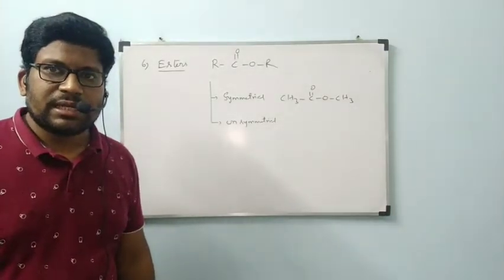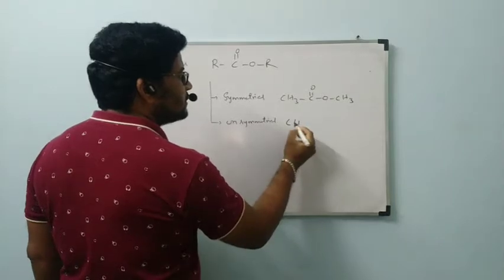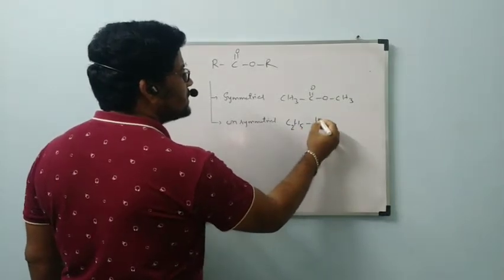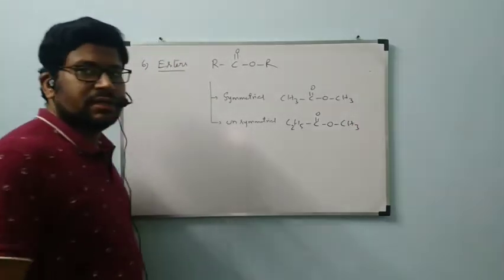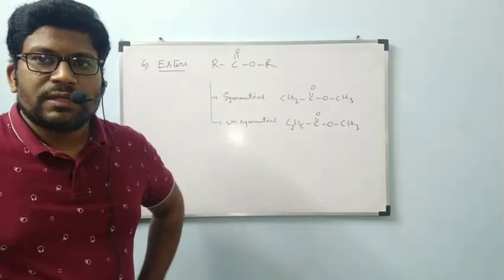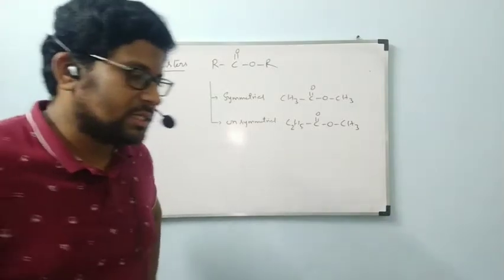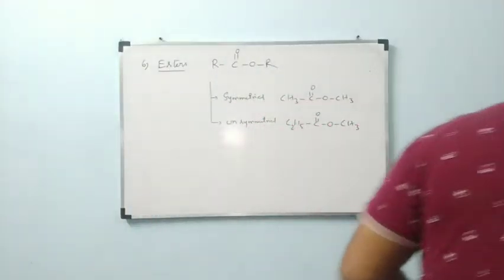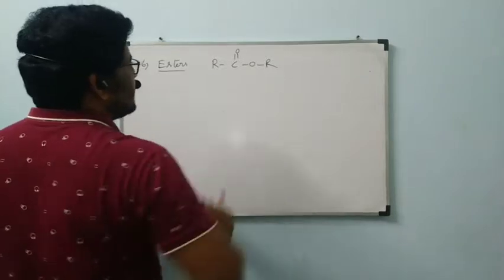That is called a symmetrical ester. C2H5 C double bond O, O CH3. This is an unsymmetrical ester. First we will do symmetrical esters. After that we will go for unsymmetrical esters. Let us see how we are going to give the names of esters. First, symmetrical esters.